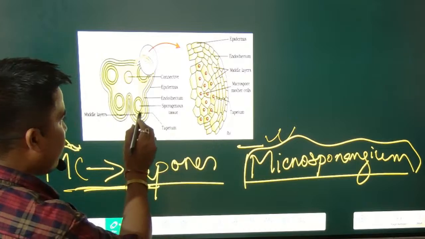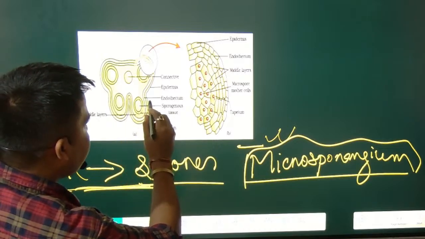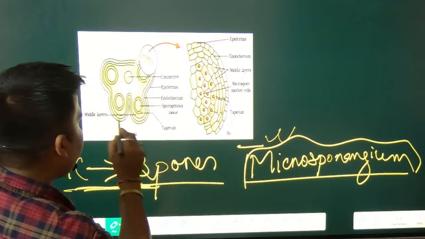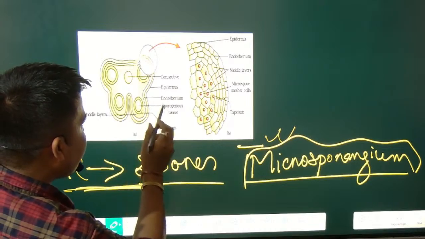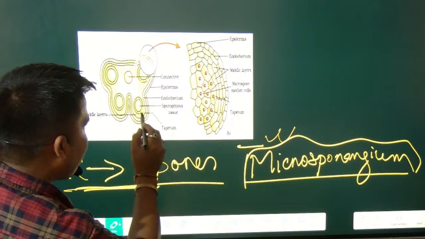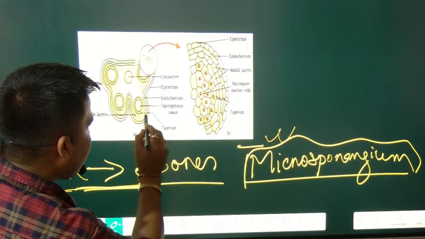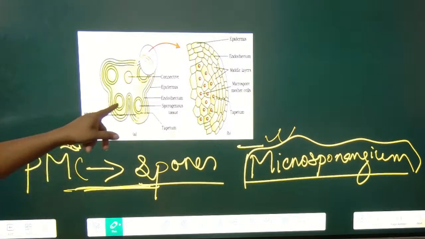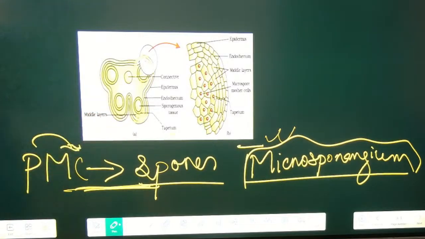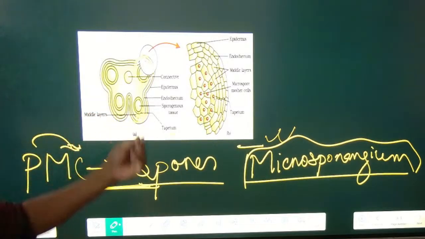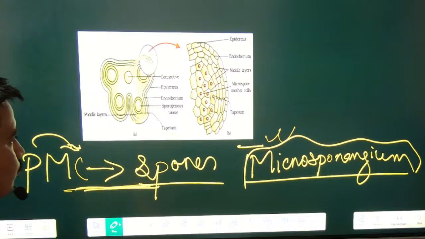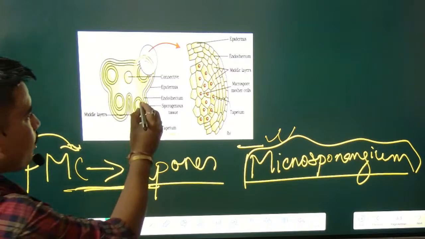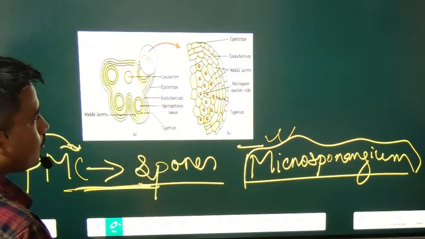Another layer is called the middle layer, and the endothecium and epidermis. These layers are present for structural support and protection of the sporogenous tissues. Endo means inner, inside.